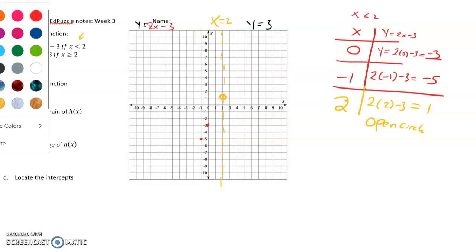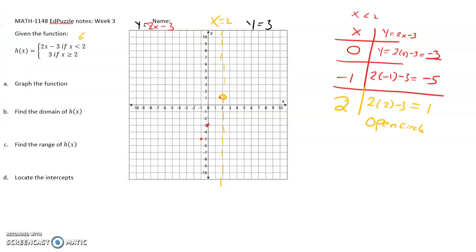So let's go ahead and finish by drawing this line. This is what the left-hand side of this piecewise function is going to look like. It's going to be the graph of 2x minus 3, everything up to that vertical line, x equals 2. Now for y equals 3, this one's going to be a little bit more straightforward. I've got some x values, and we know these x values are greater than or equal to 2.